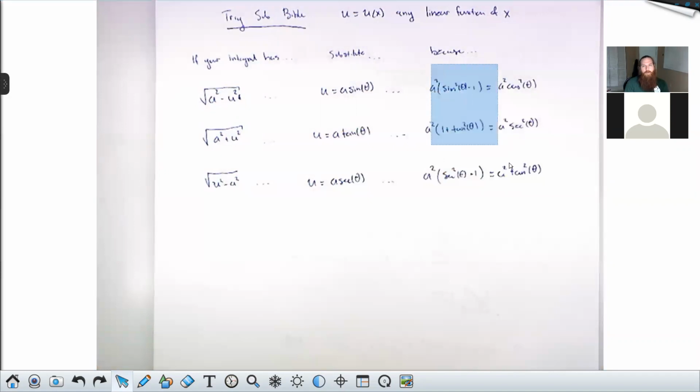So in these things on the right-hand side, I've factored out the a squared, right? You'd have here a squared minus a squared sine squared theta, and you can factor out the a squared.